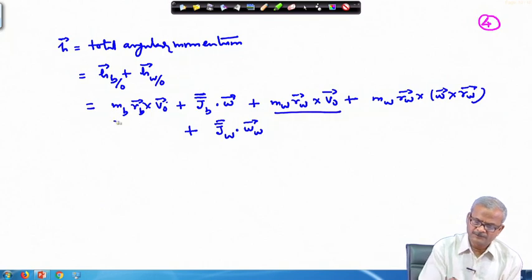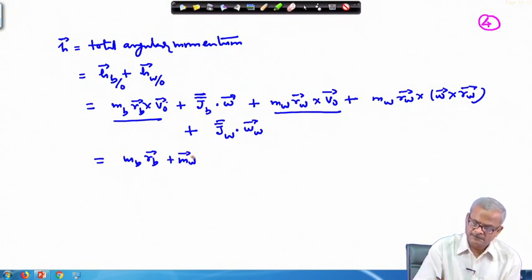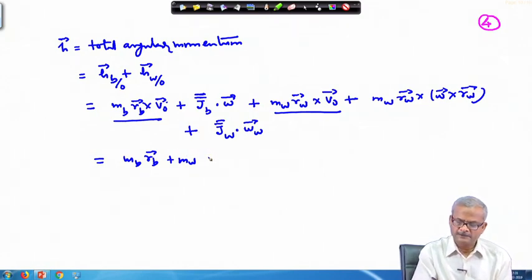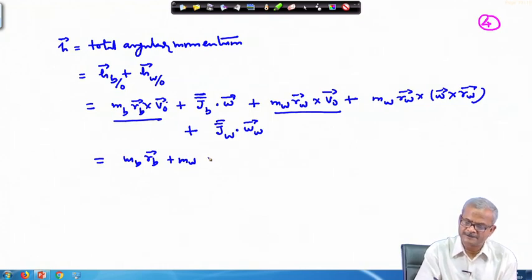So, these two terms can be combined together. See, this derivation is a bit longer. If we had chosen the point O to be the center of mass itself, it would have been much shorter. Okay.